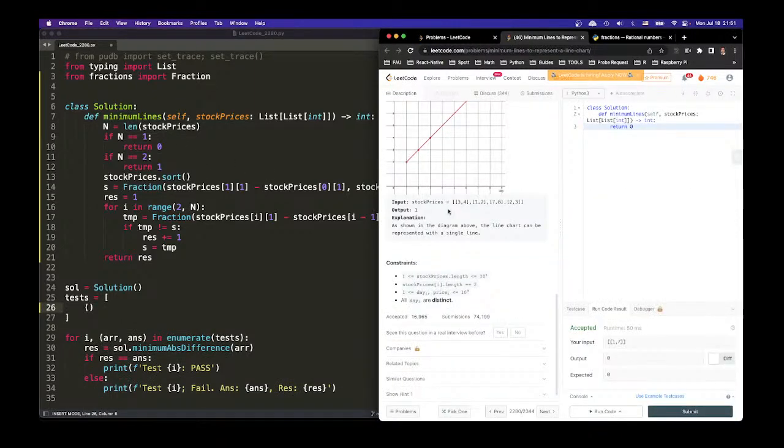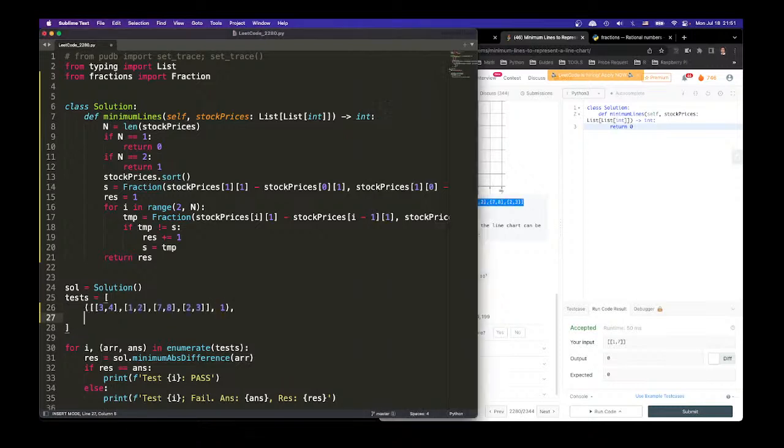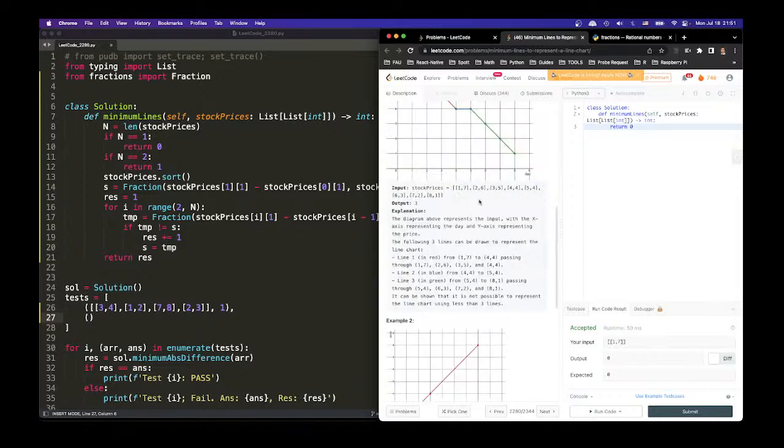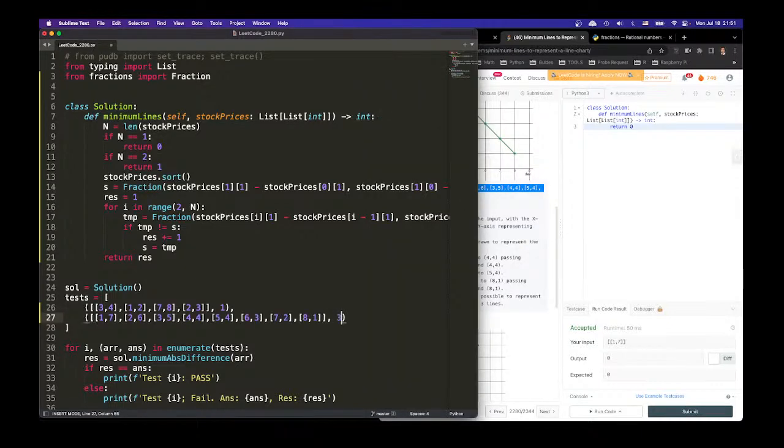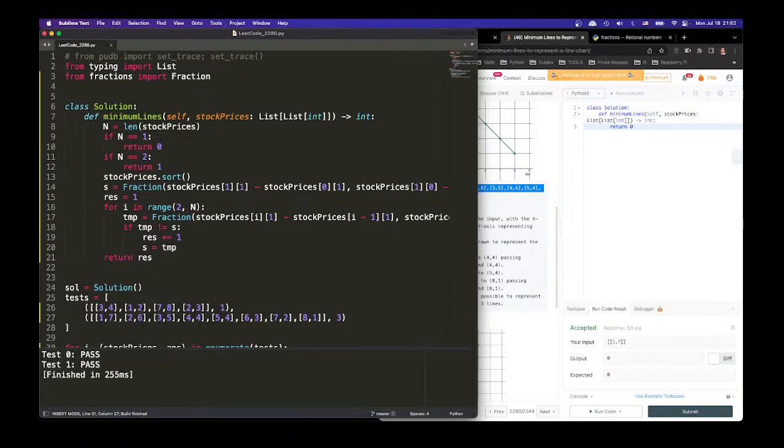We check those so we don't have to redo that. This is a good one. This is a good one. Prices. Minimum. Okay.